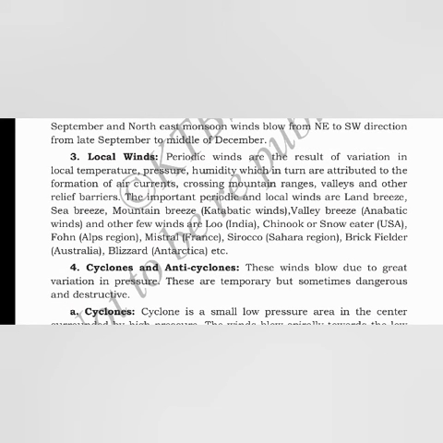The next is local winds. This is the third type of winds. Local winds means the nearest winds. They are the result of variation in local temperature, pressure, humidity and so on.